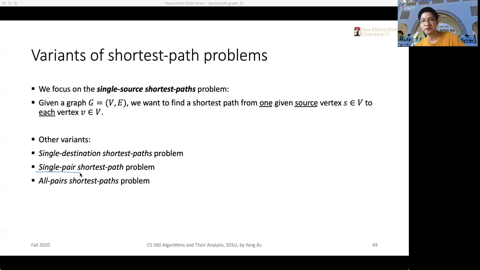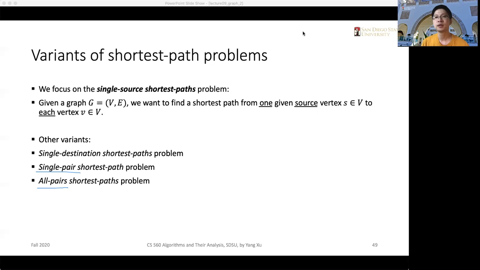We just specify maybe our current location as the source and our destination as the target vertex. And of course there is all pairs, which means all possible paths between all possible combinations of source and destination. This is a more computationally expensive problem.